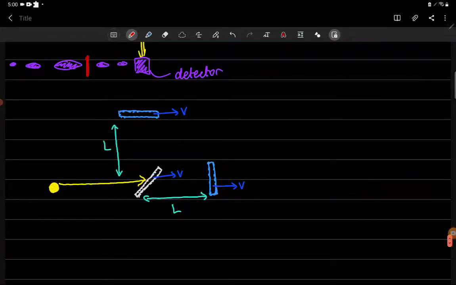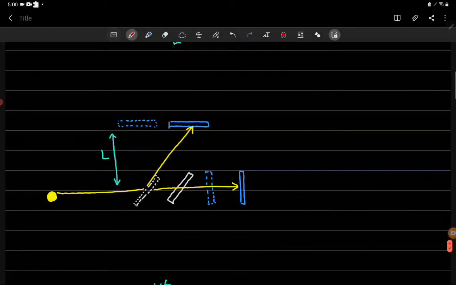So this whole interferometer is moving at v, and I've got these solid lines which show where the apparatus is at the moment, and later on in the diagrams you'll see I draw dotted lines to show where the apparatus was, and where it is now, represented by the solid lines.